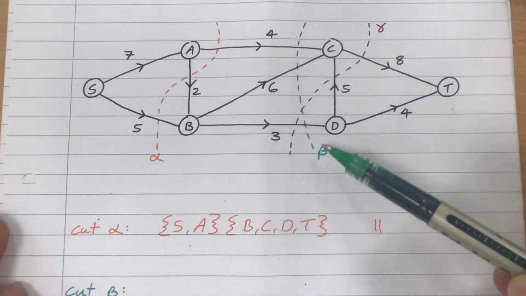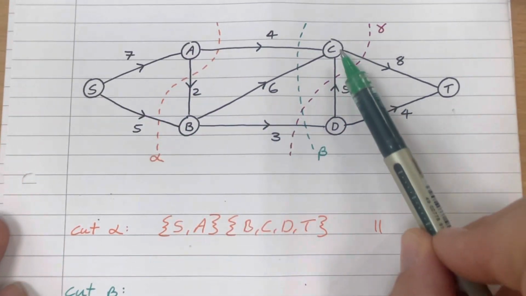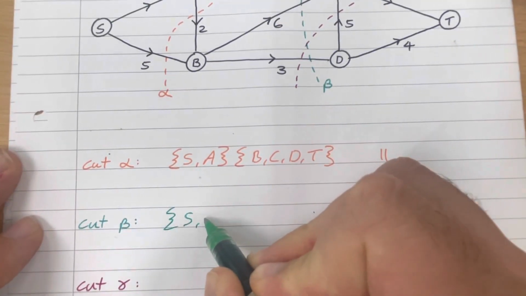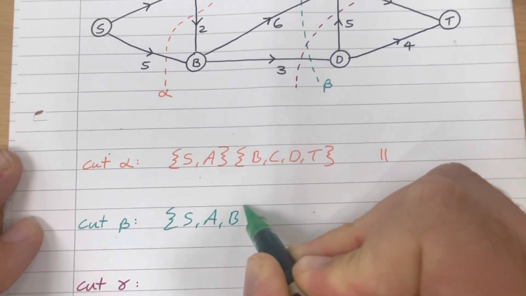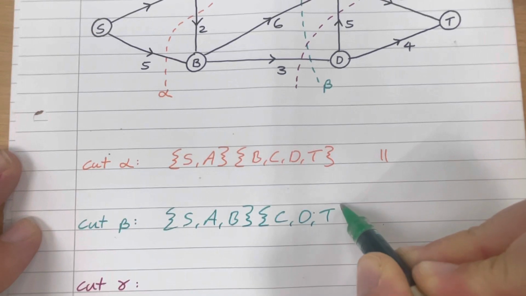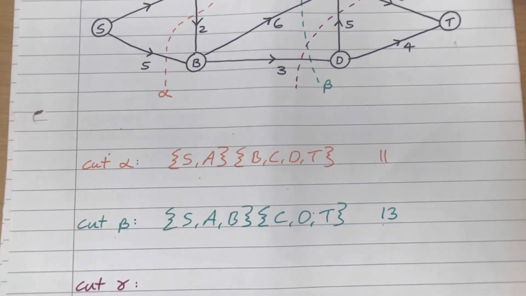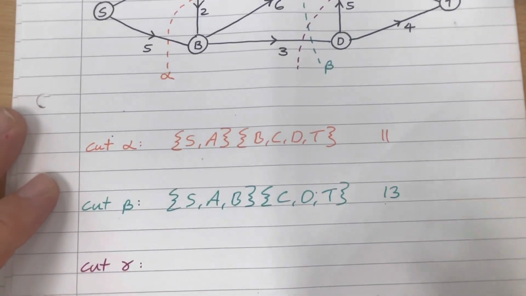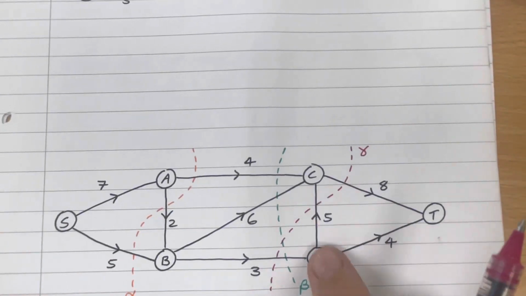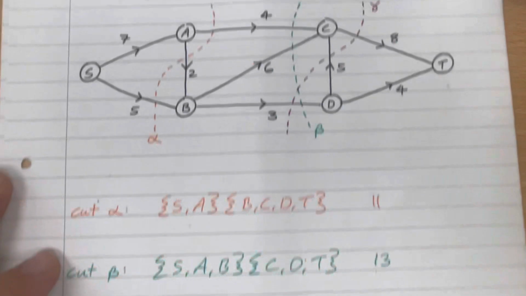Cut beta cuts S, A and B off to the left, and then C, D, and T off to the right. So we would denote that as {S, A, B} in one set, and {C, D, T} in the other. And we already calculated that as a cut value of 13. And then finally cut gamma, that cuts D and T off on the sink side, and S, A, B, and C on the source side.